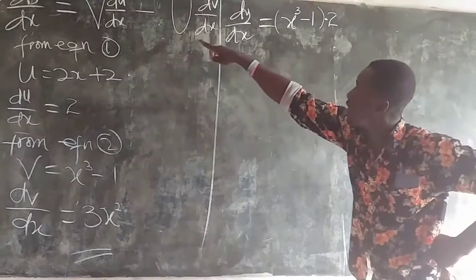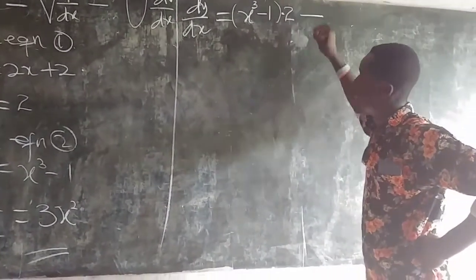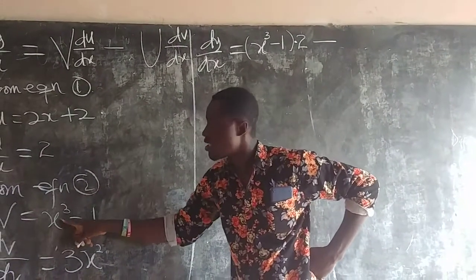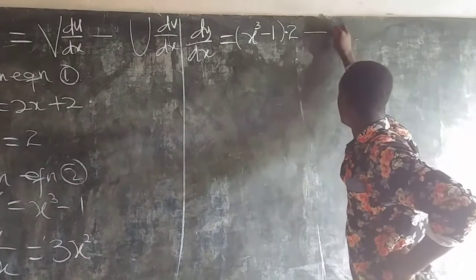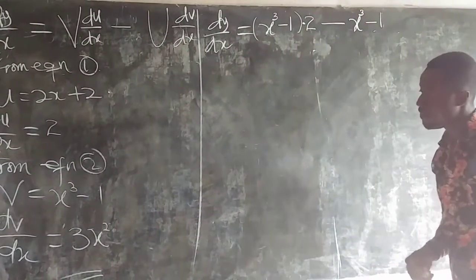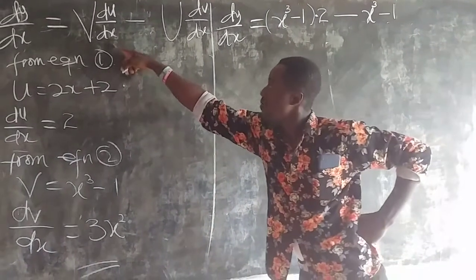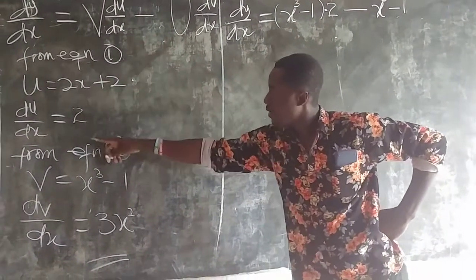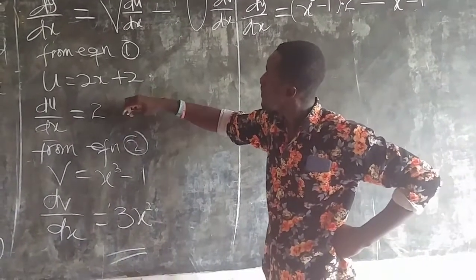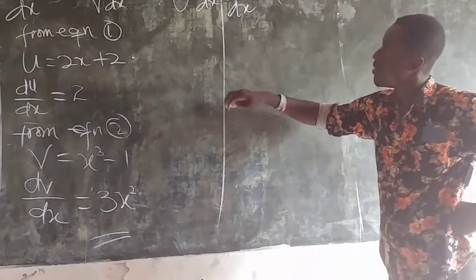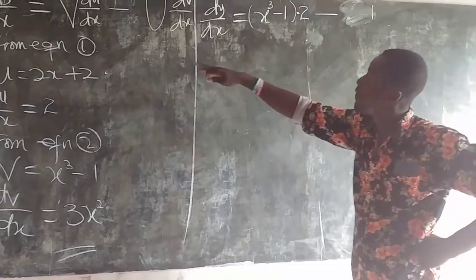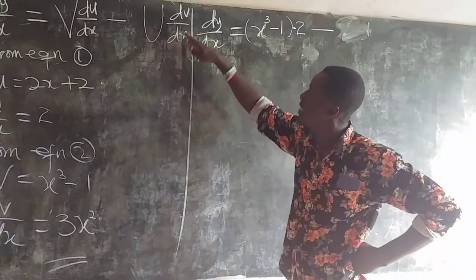Then you bring the operation sign, minus u dv/dx.